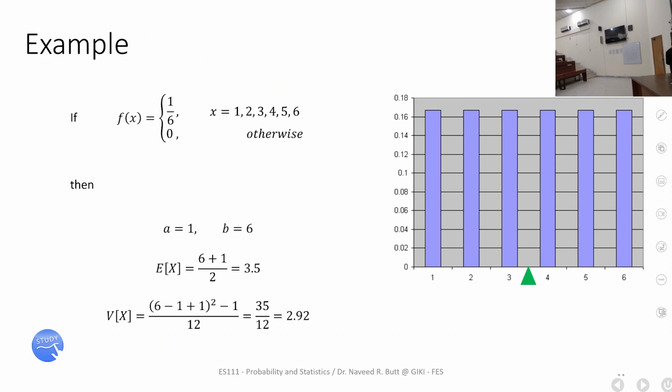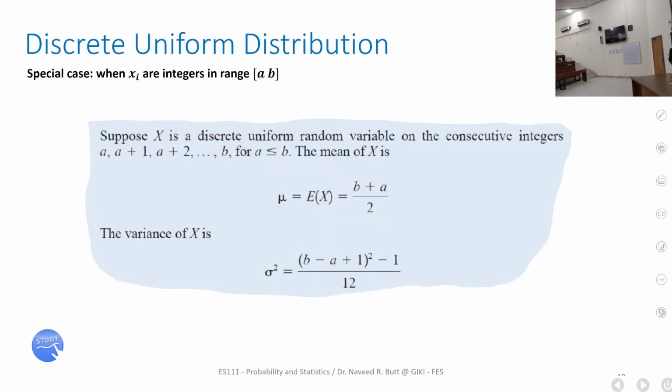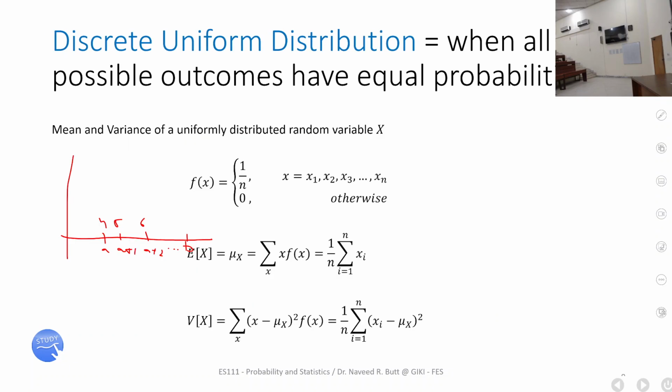Okay. So you can check with that formula the 3.5 you told me for the die rolling. A is 1, B is 6. Yes, 6 plus 1 by 2 is 3.5. A plus B by 2. And even for variance, now you don't have to do that lengthy formula of summing all those values.